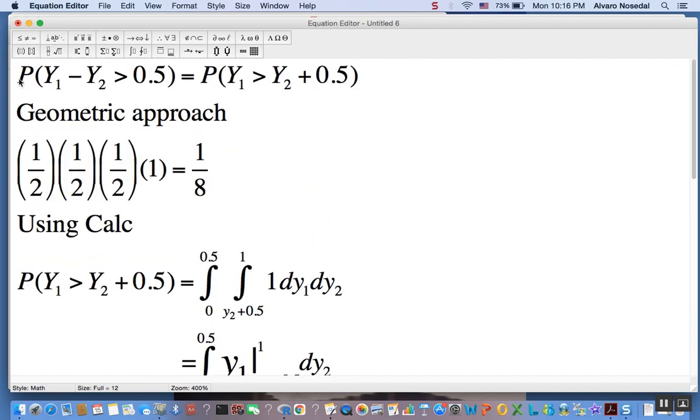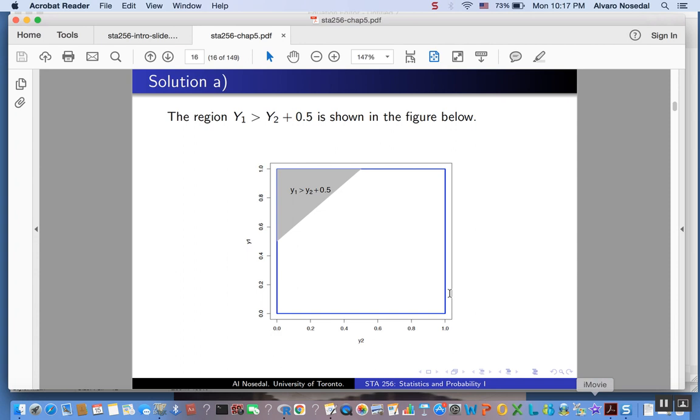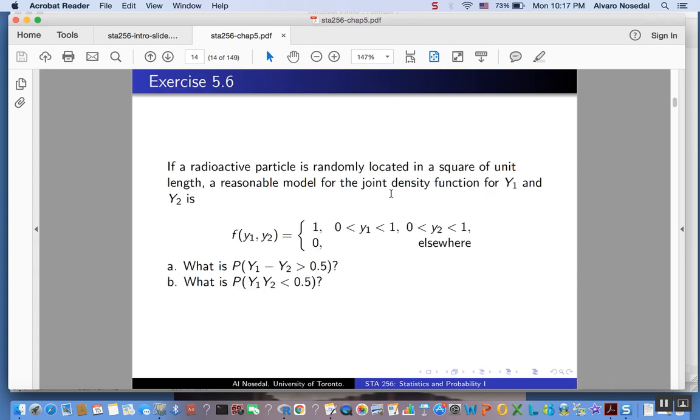Okay, that's A. Let's try and do B. Let's go back to the statement of the problem. In this case, what we want is the probability that y1 times y2 is less than 0.5. So let's try and do this one.